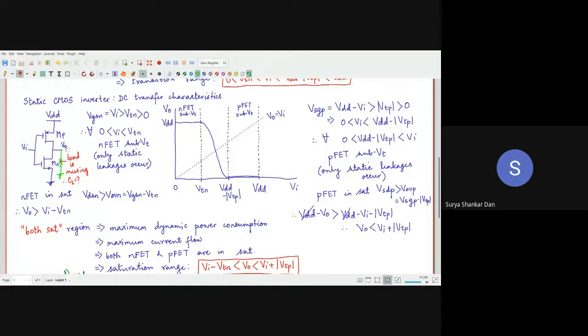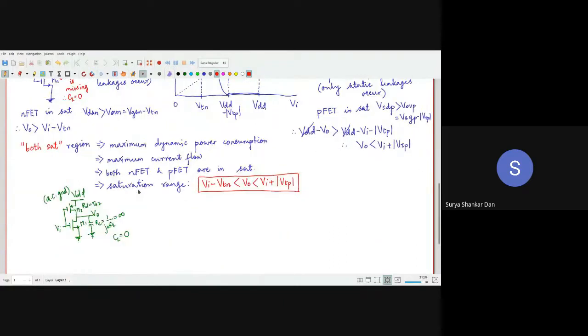If it is a capacitive load, then load missing means CL is zero. Okay, everybody?